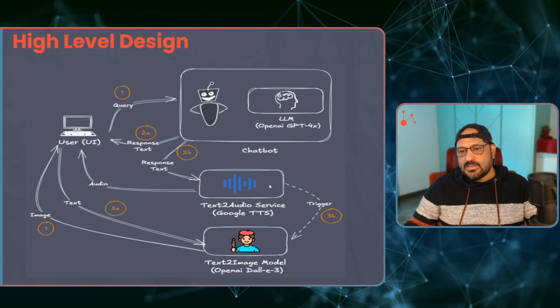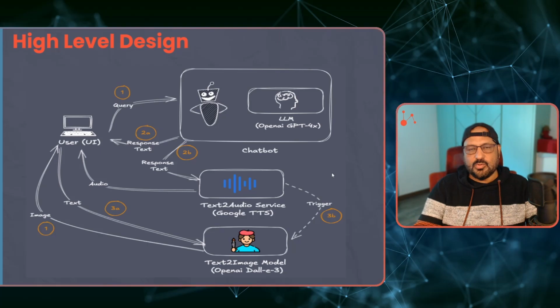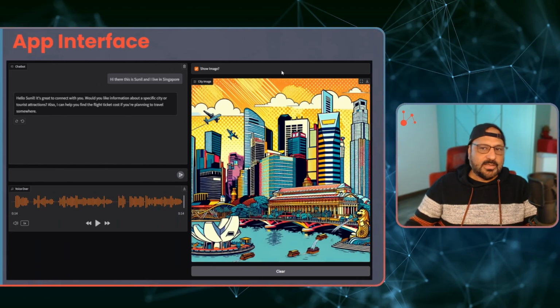Once that has finished, it triggers a call to the DALL-E model, where, based on certain text supplied by our chatbot or Gradio UI, DALL-E renders an image, which is displayed in an image component. So here we are integrating three different services very simply, and it's not very complicated. When we do the code walkthrough, you'll see that. It might look very abstract, so let me show how the interface looks.